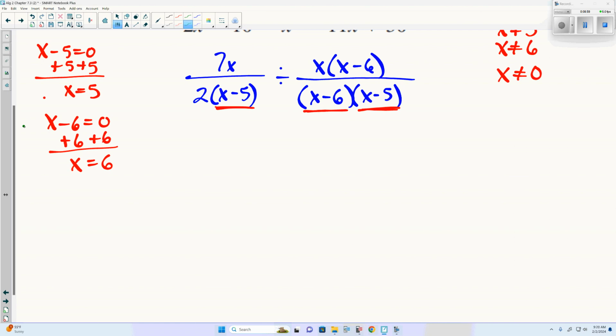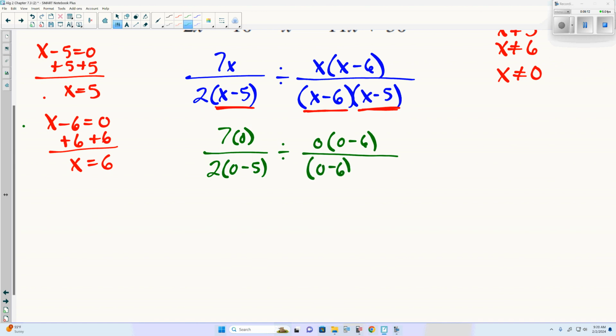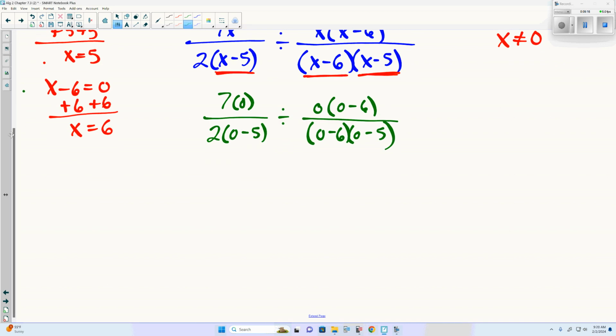I'm going to plug in 0. So in the first one, we get 7 times 0 over 2 times 0 minus 5. Numerator, we have 0 times 0 minus 6, over 0 minus 6 times 0 minus 5. Numerator here is 0, 2 times negative 5. Here, 0 times 0 minus 6.